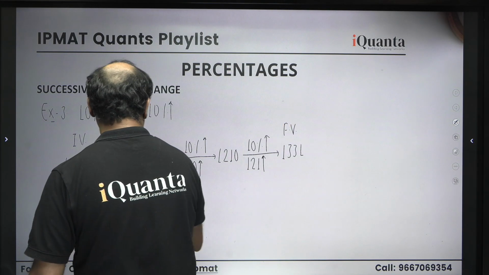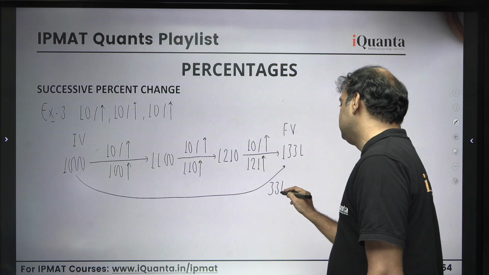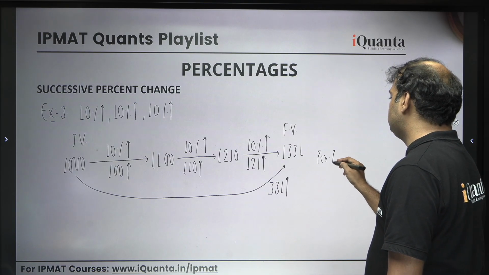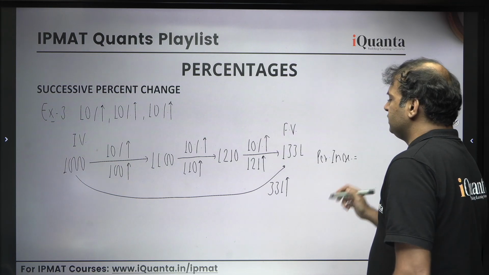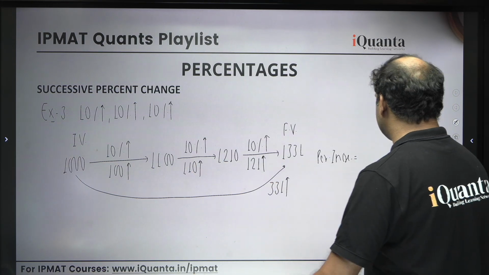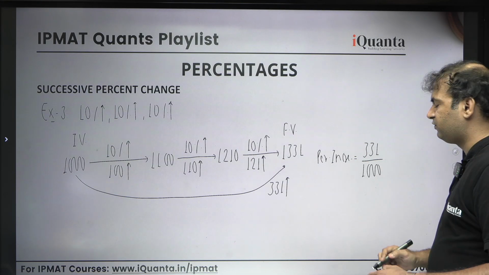Let's see what the overall change is. The overall change you can see is basically 331, all right? And let's find the percentage change, or you can say percentage increase. It should be how much? See guys, the overall increment is 331, right? And the initial value is 1000. Okay, so we can say this is 331 upon 1000. Okay, we have to find the percentage change.